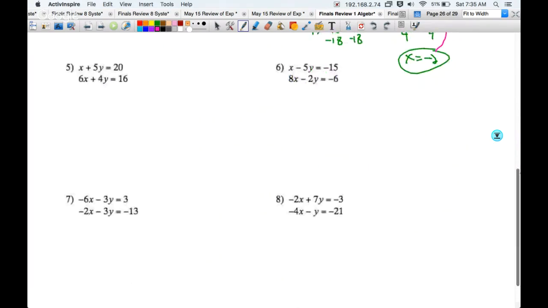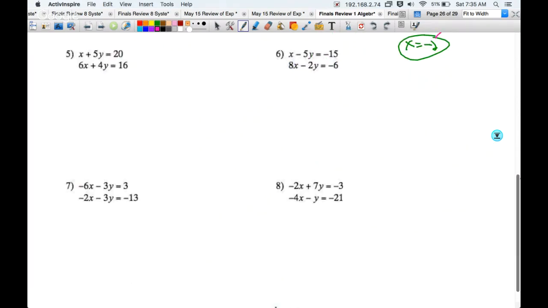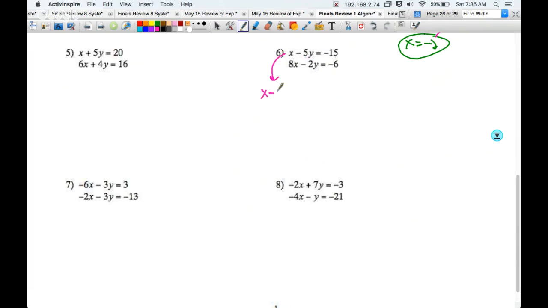All right. The problem like number 6, no variable is isolated, so we have to do the work to isolate a variable. Take that top equation, x minus 5y equals negative 15. And I can isolate this x pretty easily by just adding 5y to both sides.